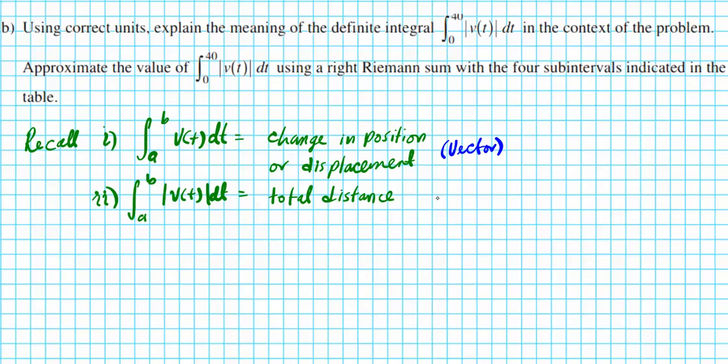This is a scalar quantity because we're not looking at sign. All we care about is size or magnitude. So in this problem, we're going to be working with part 2, which is the total distance. Now, let me go ahead and illustrate the difference between these two for you real quick. What is the difference between total distance or the displacement or change in position?